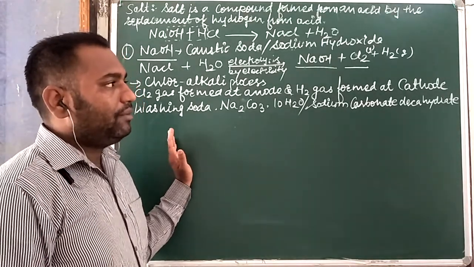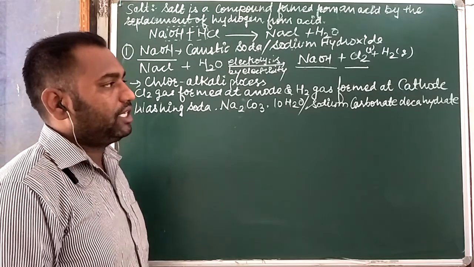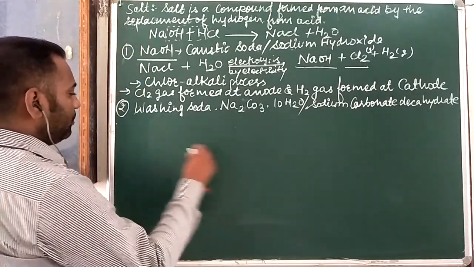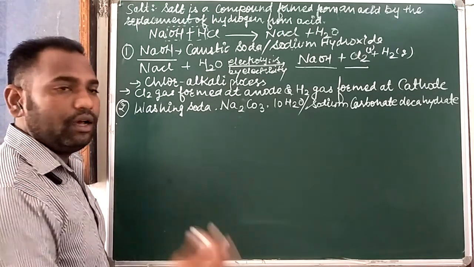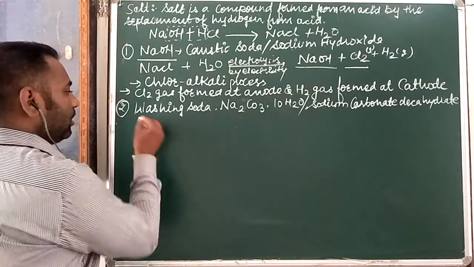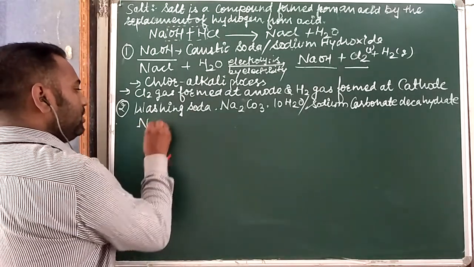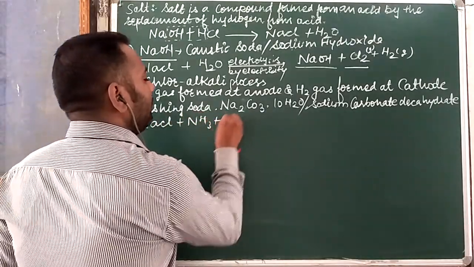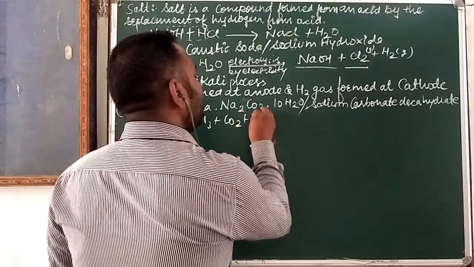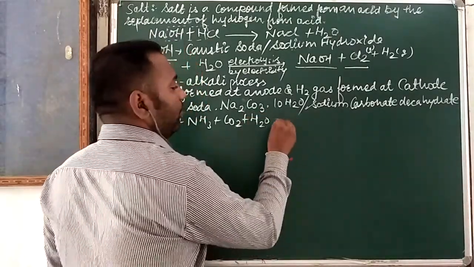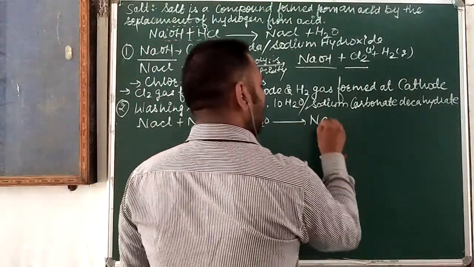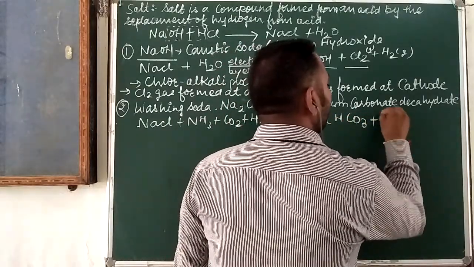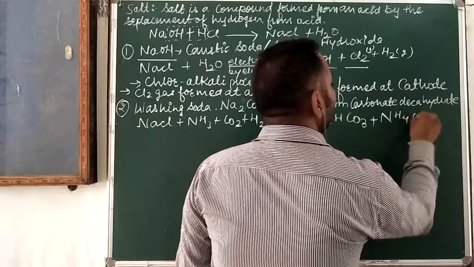It means how it can be prepared chemically or in the lab. What are the main requirements in the formation of this washing soda? Carefully look. Okay, first is NaCl plus NH3 plus CO2 plus H2O. Then formation of NaHCO3 plus NH4Cl.